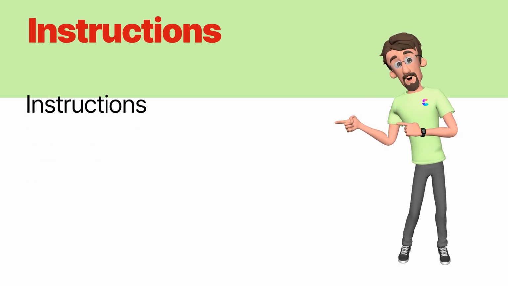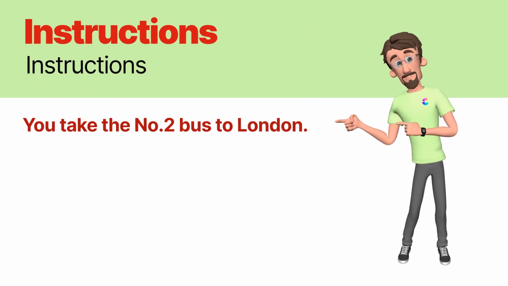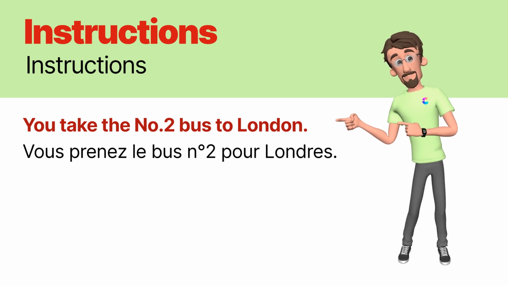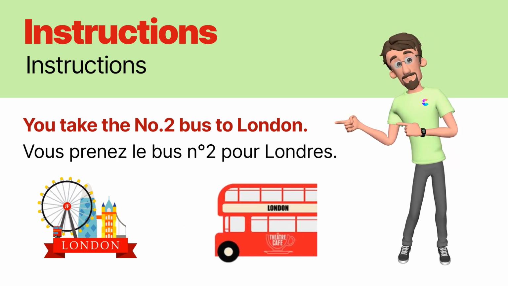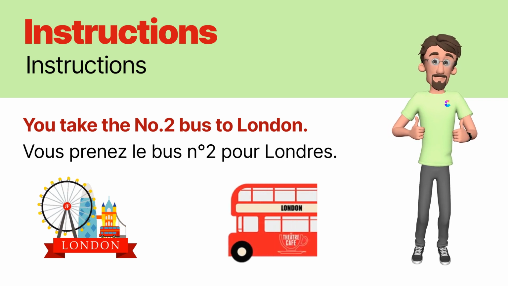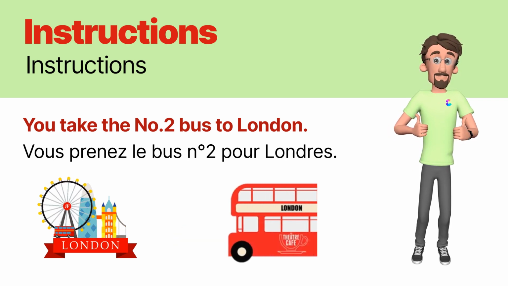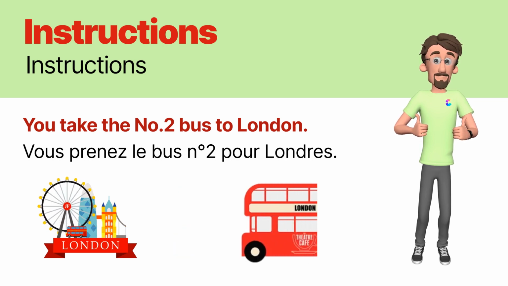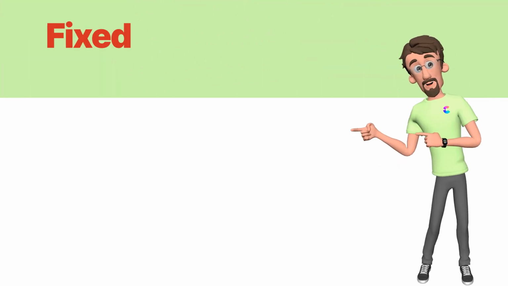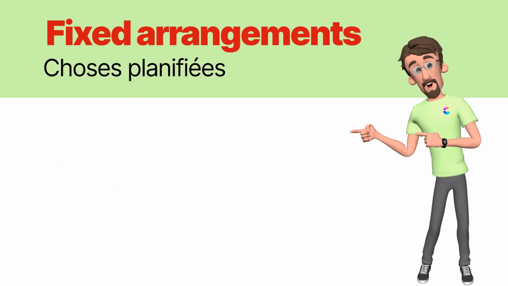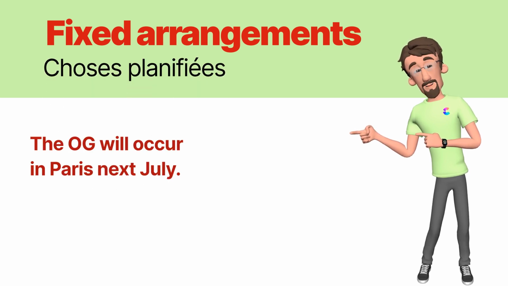Example: you take the number 2 bus to London. For fixed arrangements. Example: the Olympic Games will occur in Paris next July.